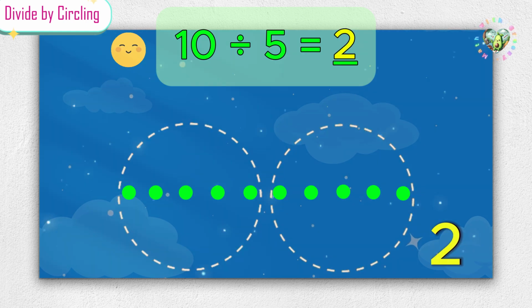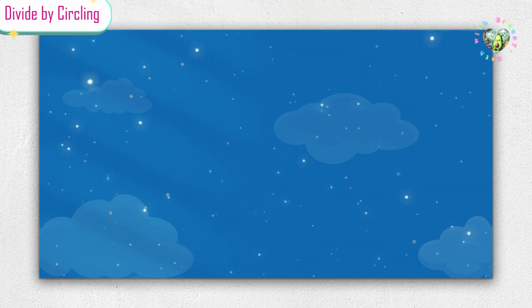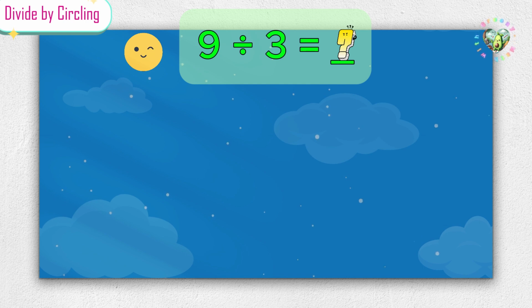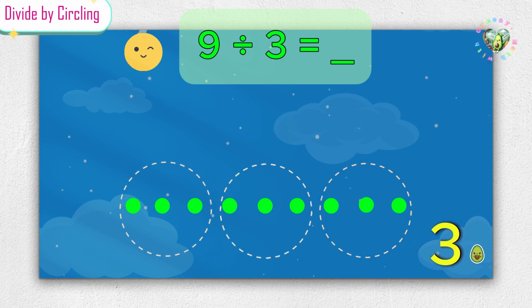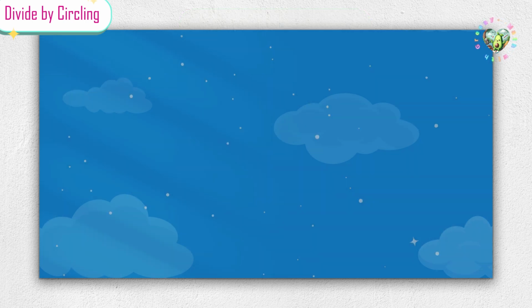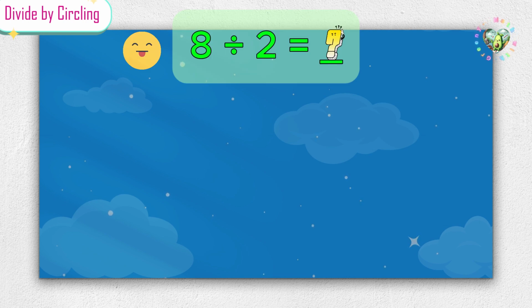It's 2. 9 divided by 3. Three. 8 divided by 2.